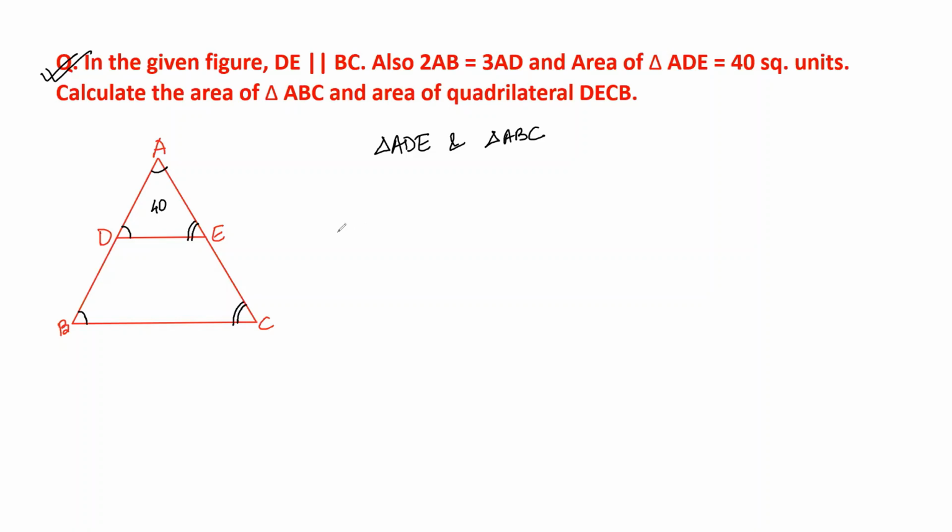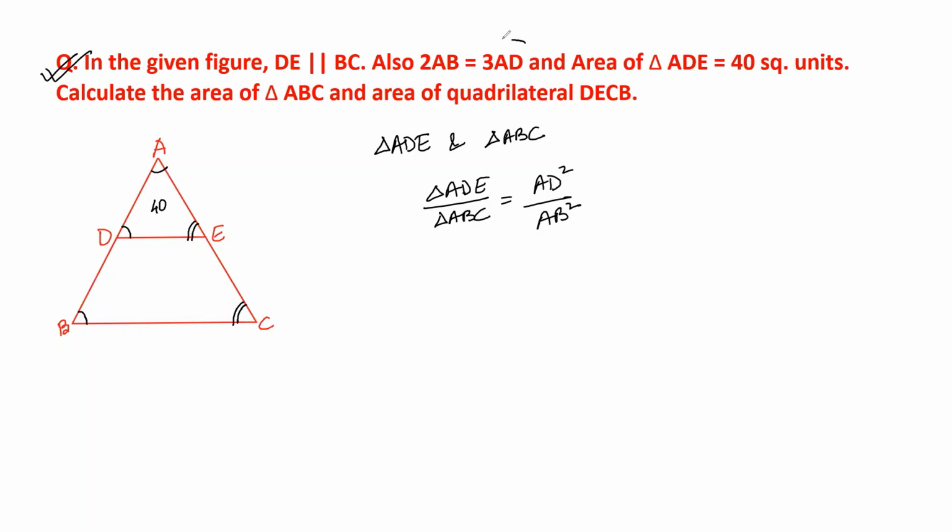We know in case of two similar triangles, the ratio of their areas would be equal to the ratio of the square of their corresponding sides. So the ratio of the area of triangle ADE upon the area of triangle ABC would be equal to AD square upon AB square.